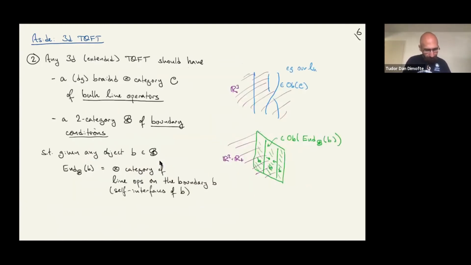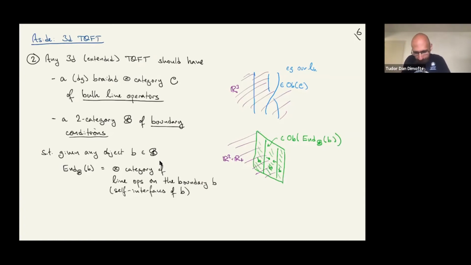So second part of the aside. First, there are these A and B twists in 3 dimensions. Some things about them are understood, a lot is not, especially at categorical levels. So the second part of the aside is just roughly what one expects from any 3D extended TQFT.